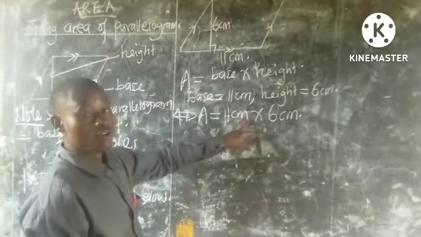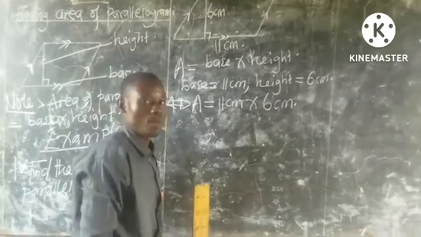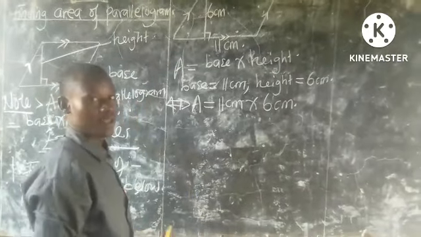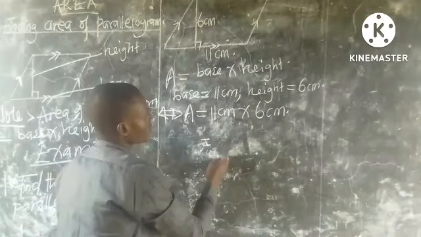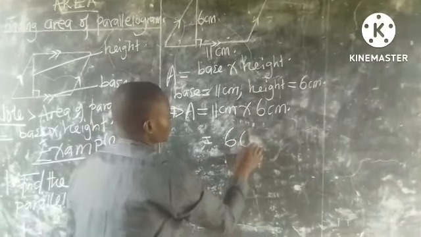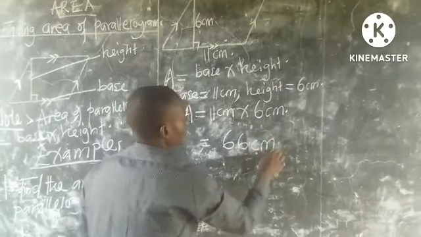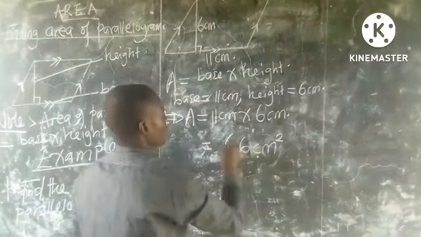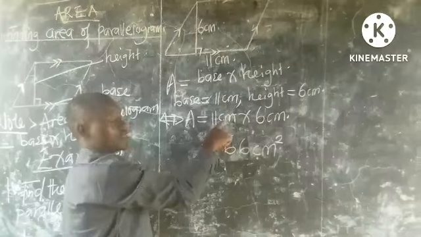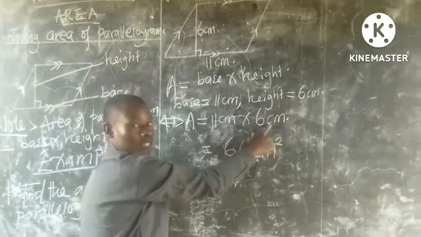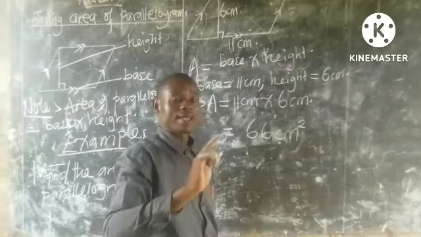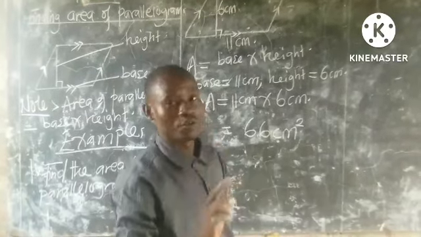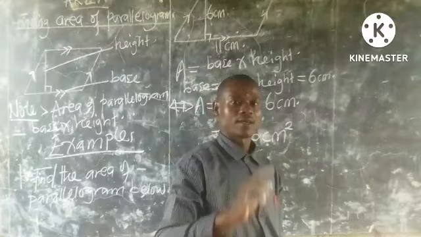You have to be very keen in your multiplication. You multiply correctly with a lot of care. When you multiply this, you come to 66 centimeter square. Why? Because you have multiplied centimeter times centimeter, and all areas are supposed to be answered in square units.